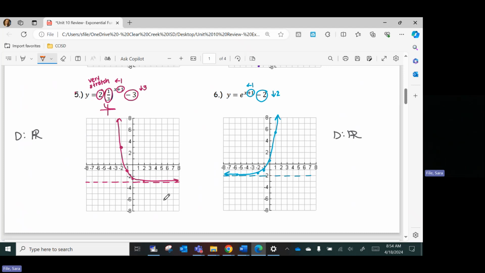In 5, our asymptote is at -3, and the graph is above it. So your range is -3 to infinity, or y is greater than -3. Here, the asymptote's at -2, and the graph is above it, so it's -2 to infinity, or y is greater than -2.